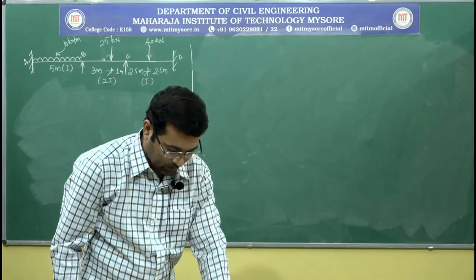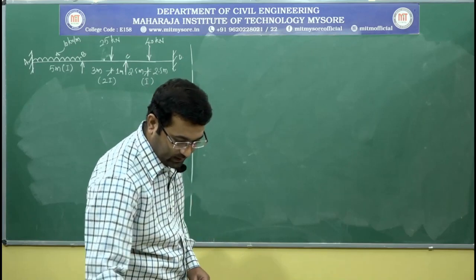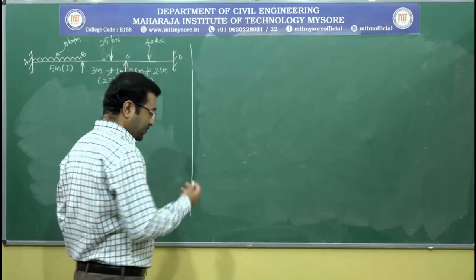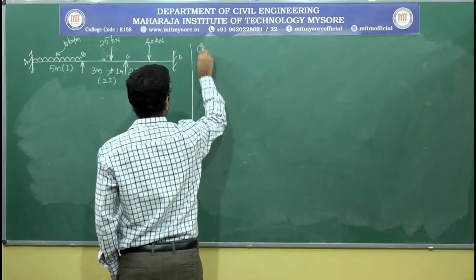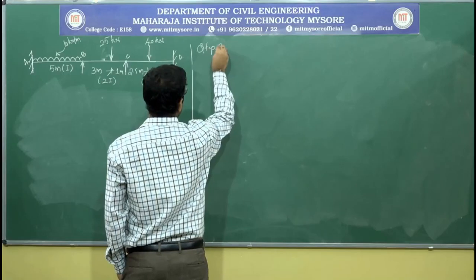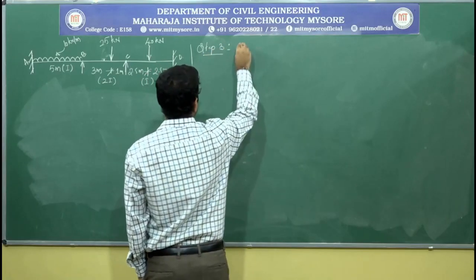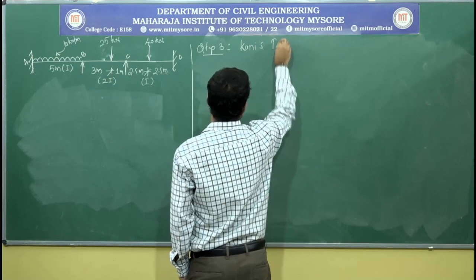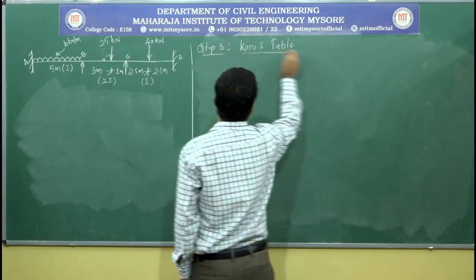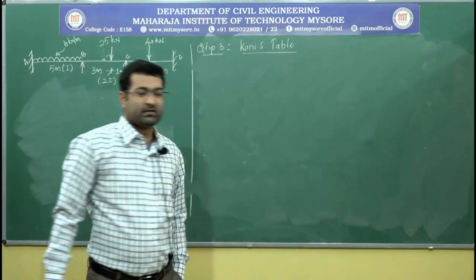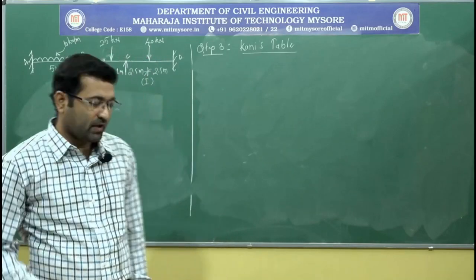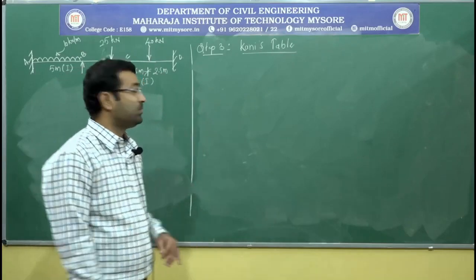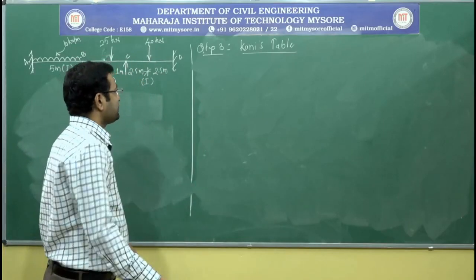I think you remember the rotation contributions we discussed in the last class. So step 3 is Kani's table, or you can even write it as Kani's rotation contribution table. I would like to keep it simple: Kani's table.